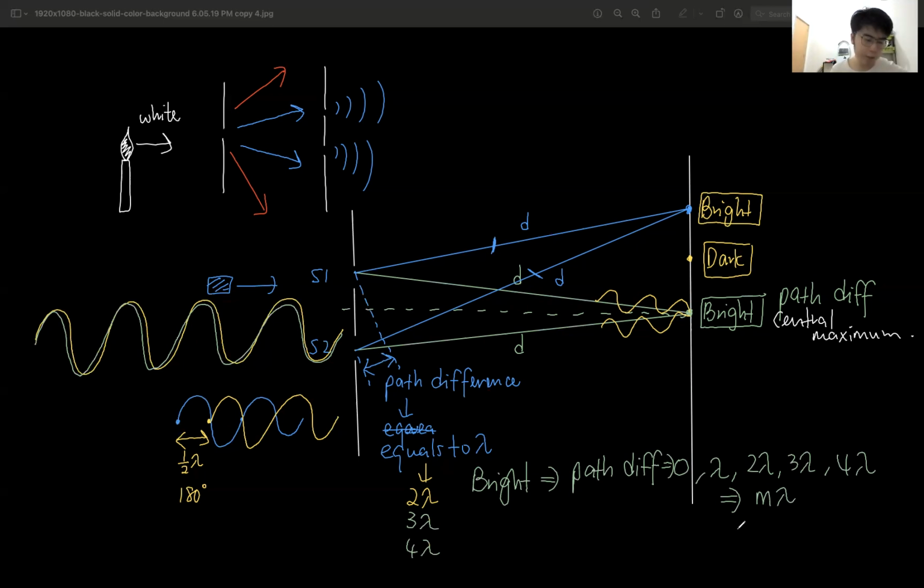Or you can say in terms of the phase difference, as sometimes they ask in terms of phase difference: zero phase difference. One wavelength is how much phase difference? The phase difference is 360 degrees. Two wavelengths will be 720, and it keeps on going. All these phase differences form constructive interference, the bright fringe.